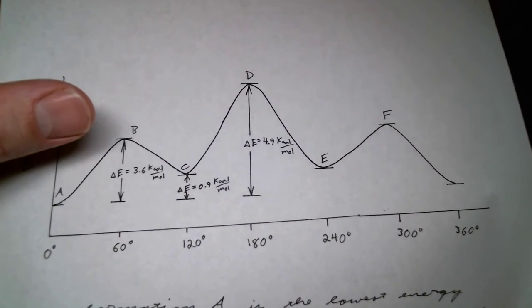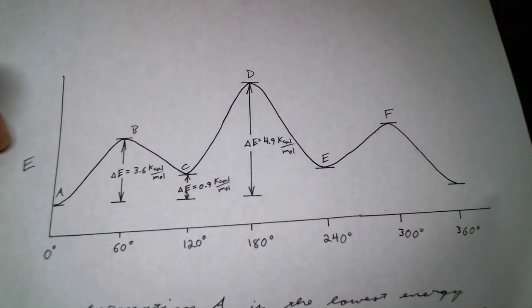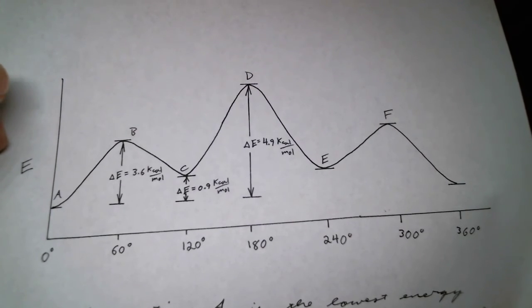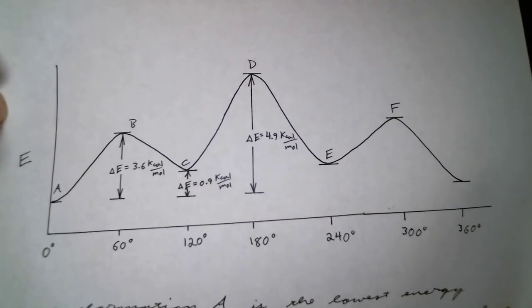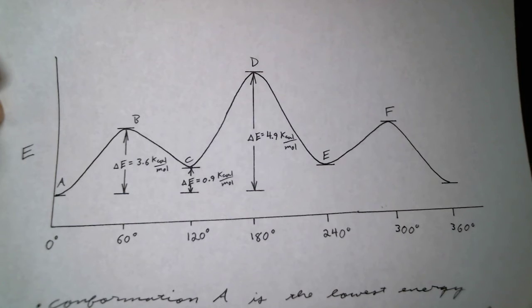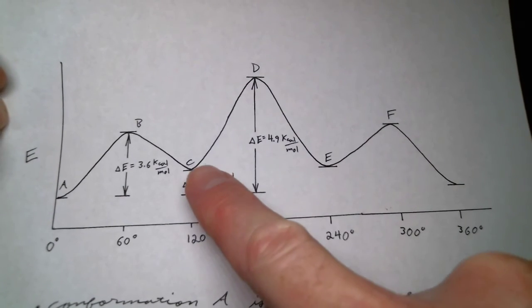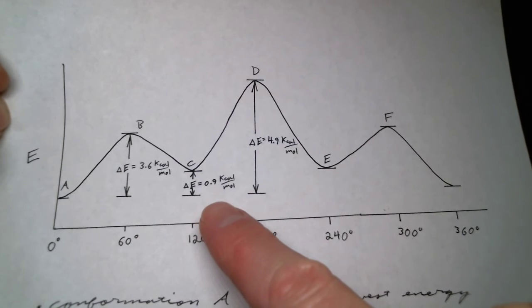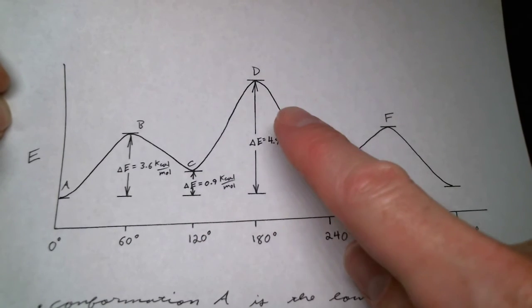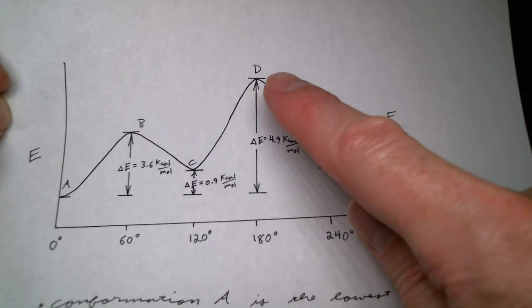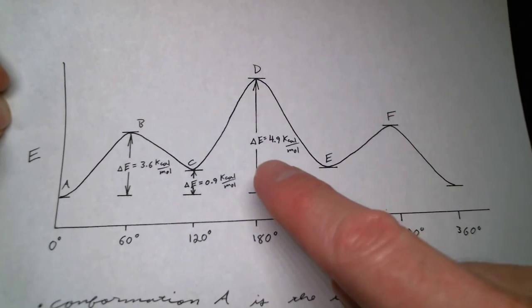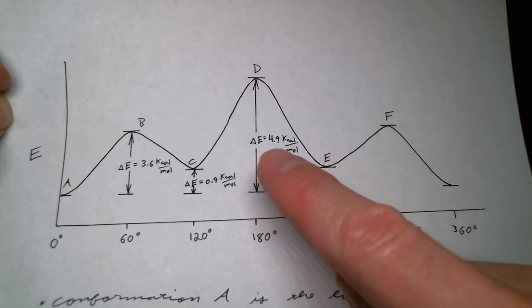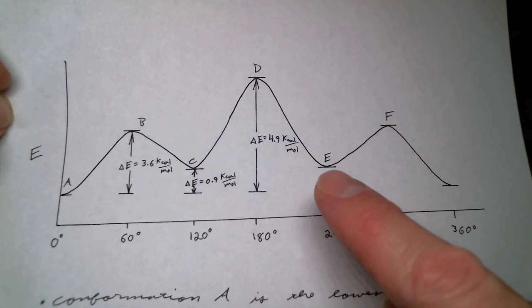B is higher in energy than A by about 3.6 kcals per mole. We go down to the gauche staggered conformation C, which is higher in energy than A by about 0.9 kcals per mole. Our highest eclipsing conformation is conformation D, and that's higher in energy than A by about 4.9 kcals per mole.